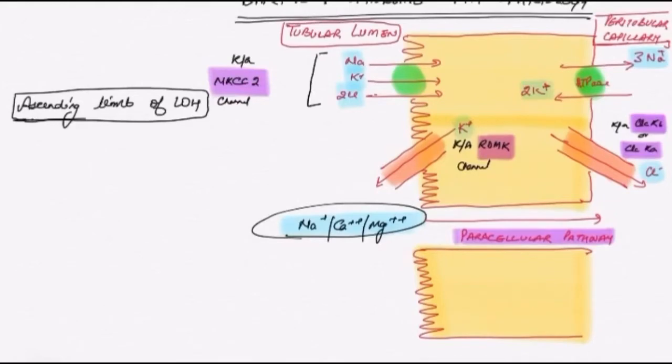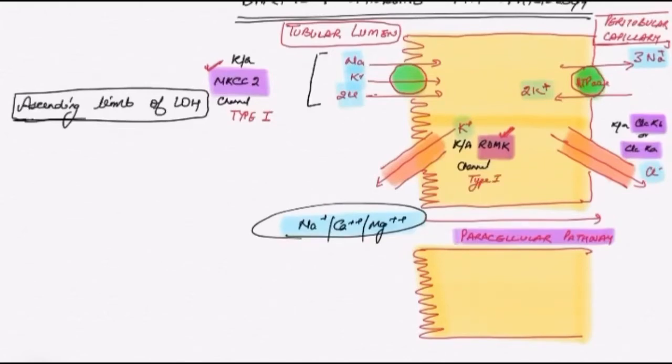There are some channels that you need to know about, or you may know from renal physiology. There is the sodium potassium 2 chloride channel, also known as the NKCC2 channel, and this is the channel on which loop diuretics usually work, and it is affected in type 1 Bartter. Then there is another channel, the ROMK channel, mainly affected in type 2 Bartter.